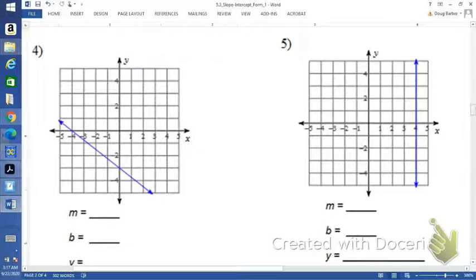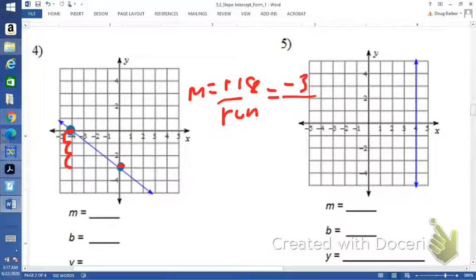Alright, for number 4, the lattice points are here and here. Alright, so how do we go from this point to this point? Well, to find the slope, it's rise over run. So this one we're going down 1, 2, 3. So the rise, since I went down, is negative.